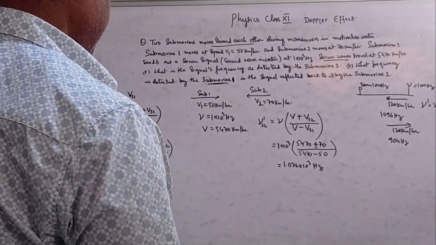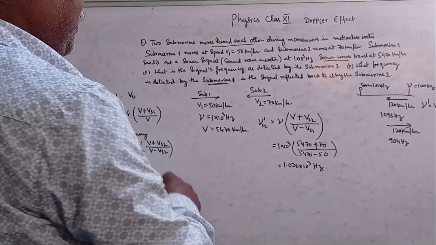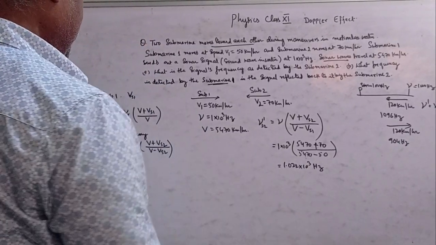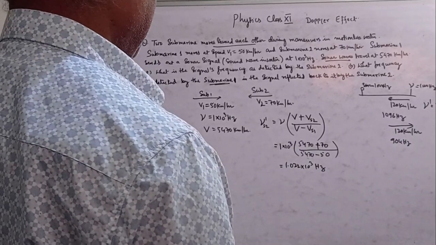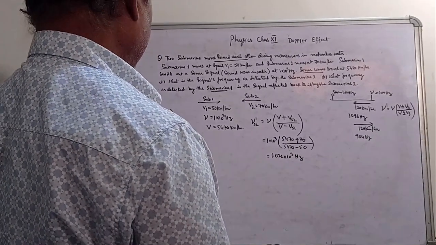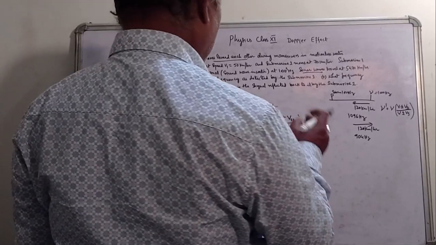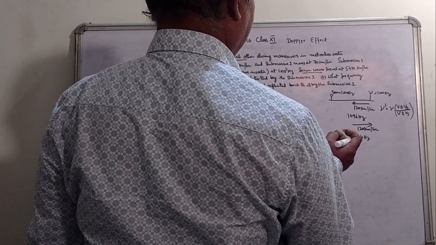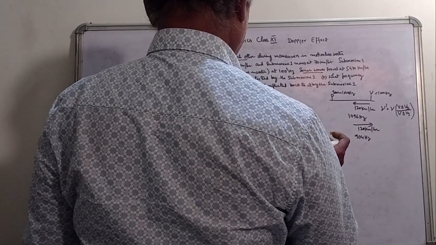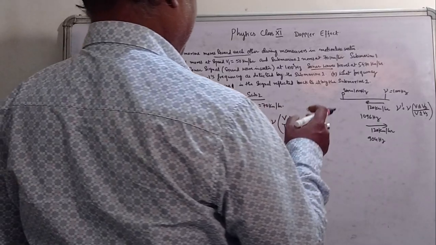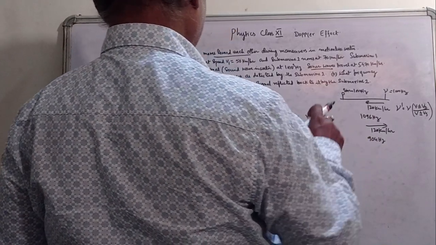Remember that for calculating the reflected frequency, you are keeping submarine 1 stationary. So submarine 2, in the first case becomes the detector, and in the second case becomes the source. The same submarine 2 becomes the detector as well as the source.